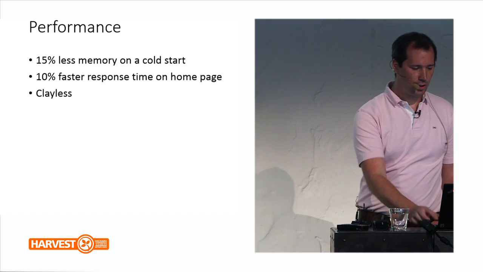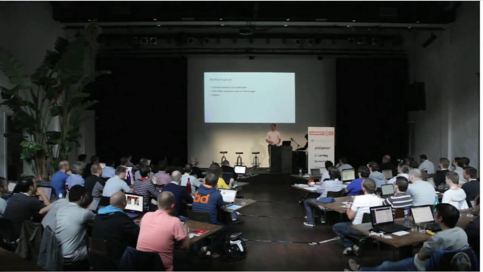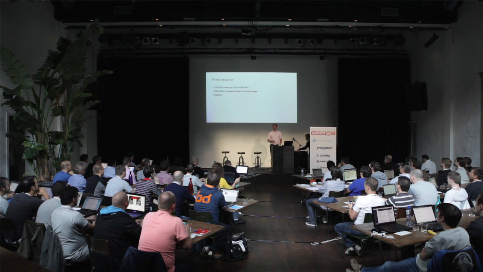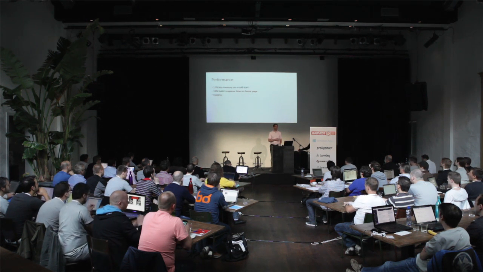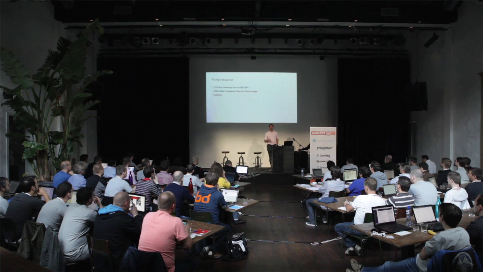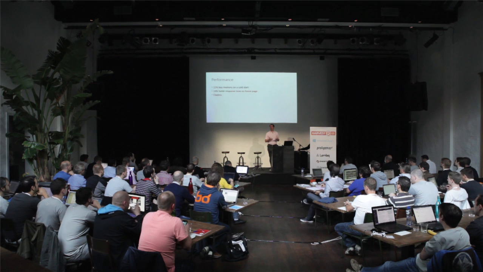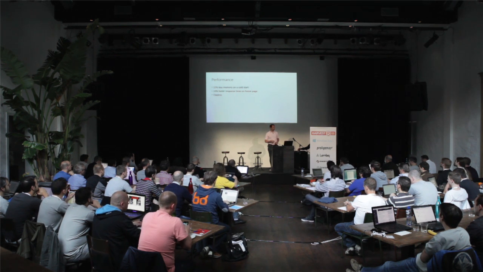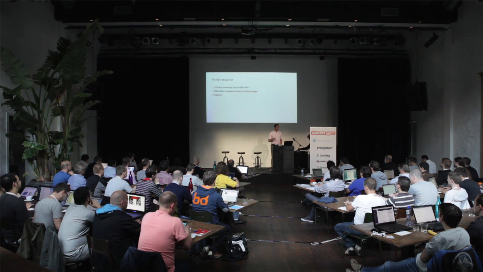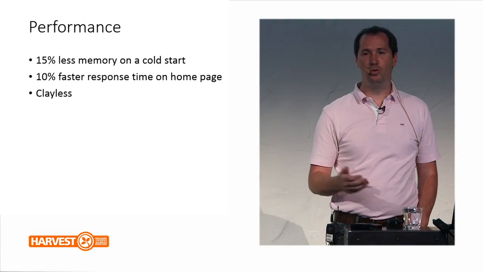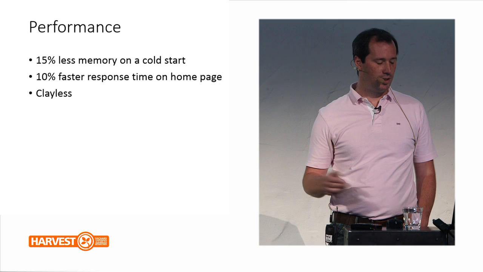This is mostly because we removed Clay in 1.7. So if you've used Orchard as of today, it's using Clay. Clay is a library to make dynamic objects malleable, like you can add behaviors to dynamic objects. And this library is wonderful, but is slowing the process because the more you do, the less performant it is.